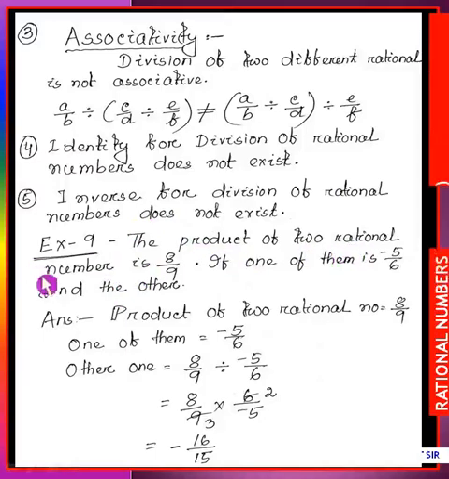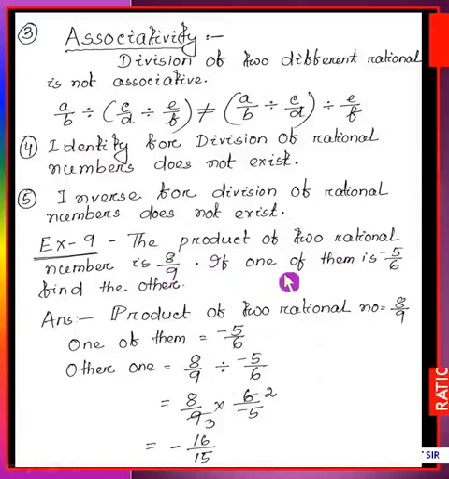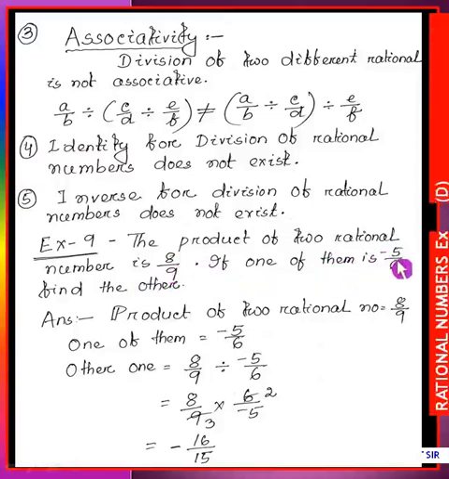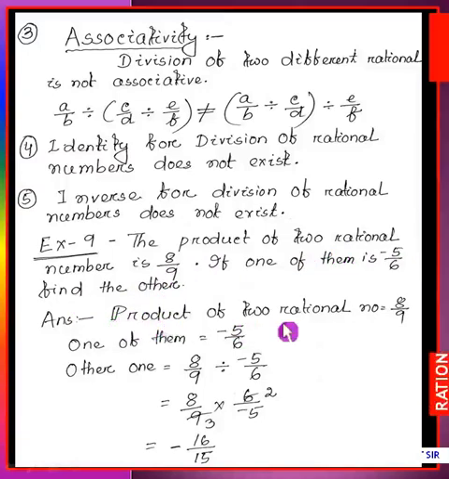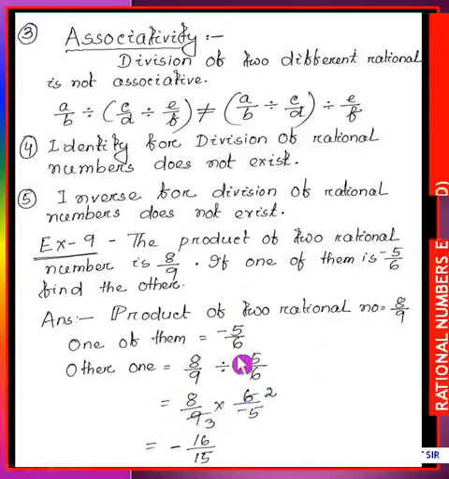Children, now open your book and see example 9. The product of two rational numbers is 8 by 9, and if one of them is minus 5 by 6, find the other. The other one equals 8 by 9 divided by minus 5 by 6, which equals 8 by 9 into the reciprocal, 6 by minus 5.